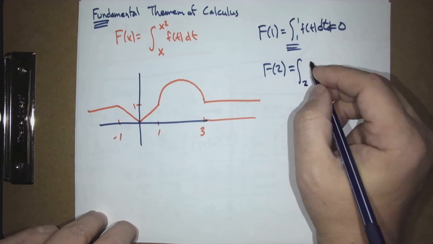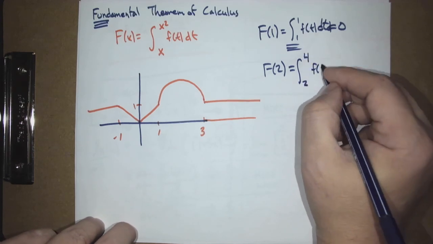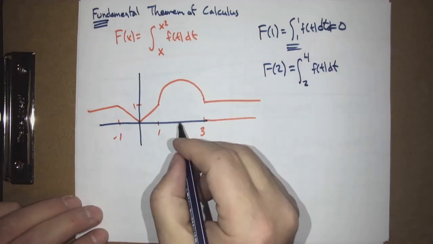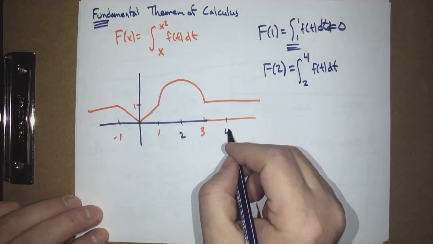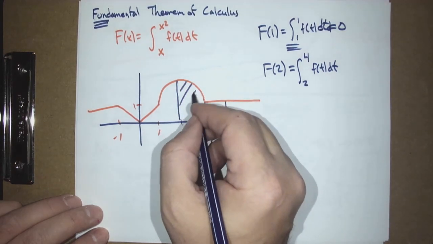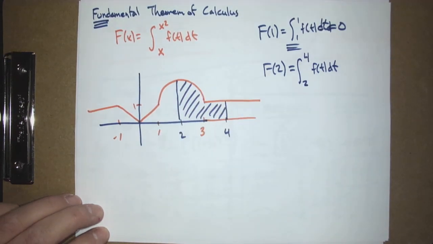Integral 2 to 4 f of t dt. So what do you do? Well, you say, here's 2, here's 4. So you're interpreting it as this area.